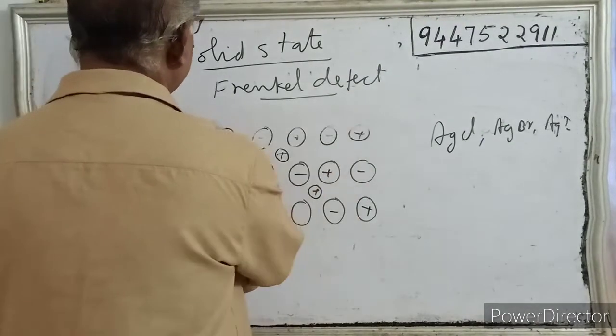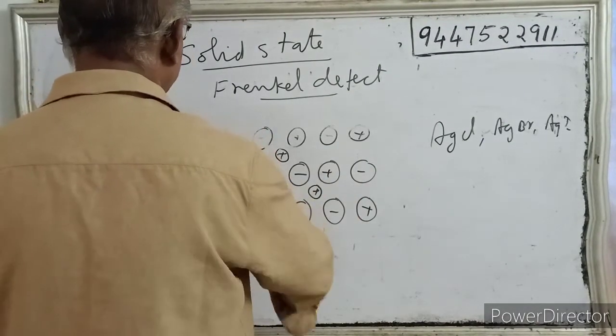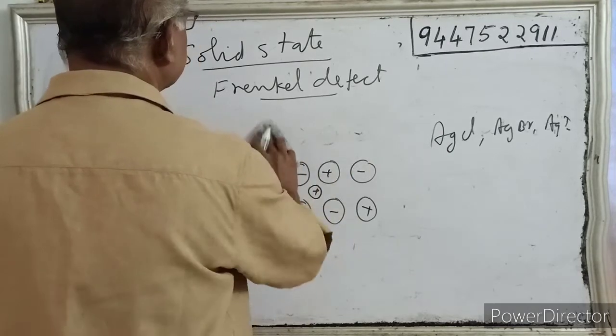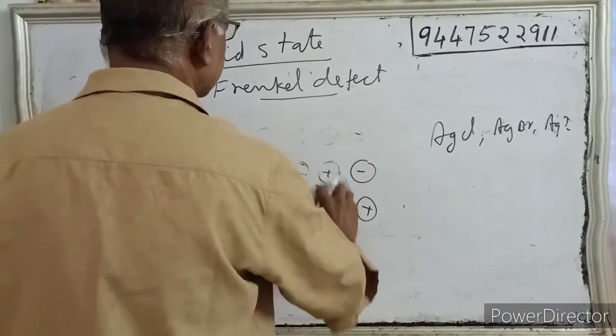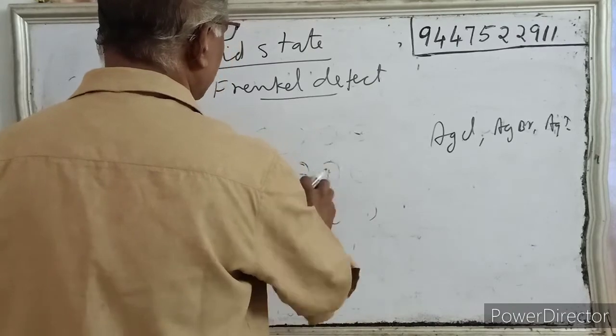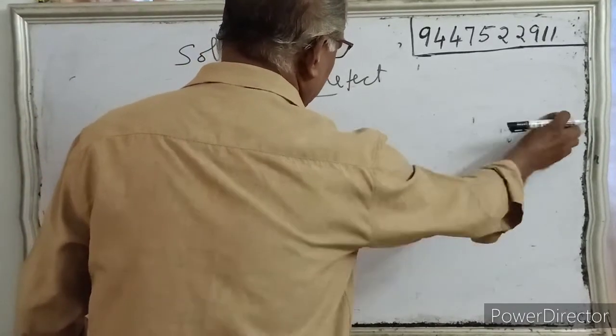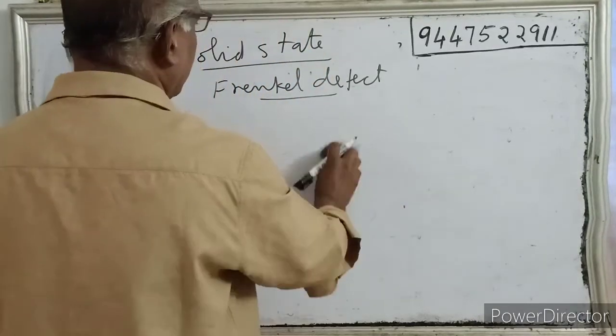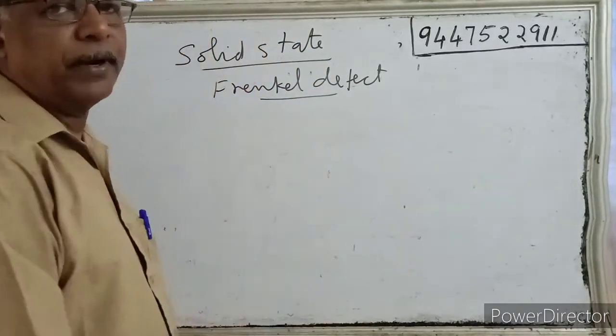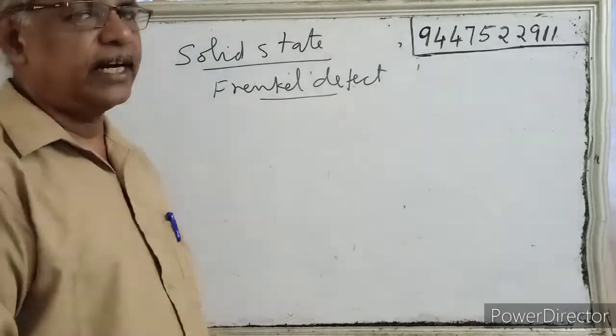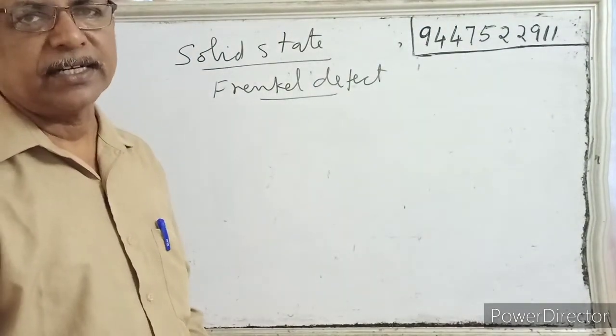So next we are going to study about the non-stoichiometric point defects. One thing here we have to remember is silver bromide can exhibit both Schottky defect as well as Frenkel defect.